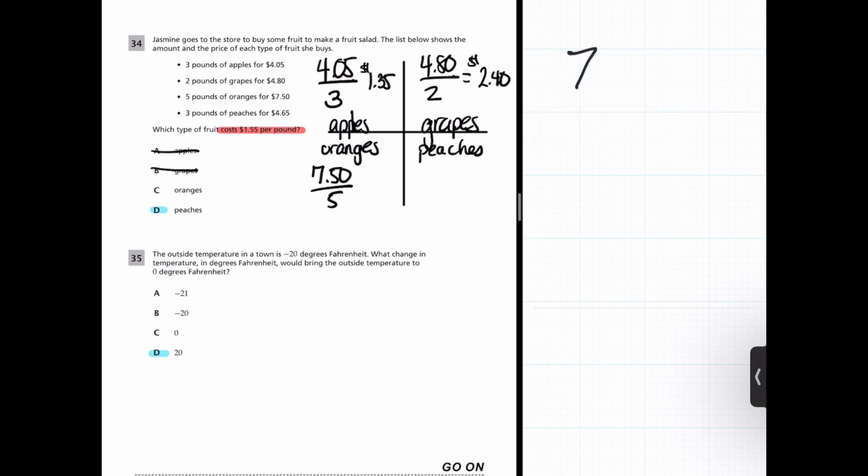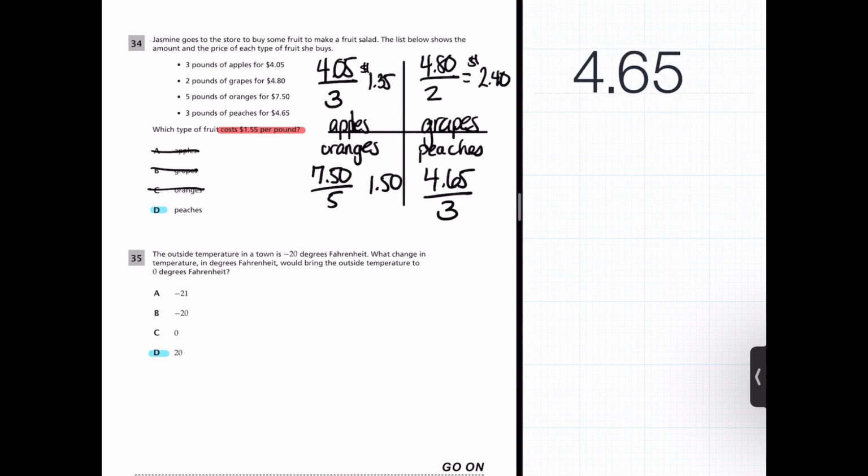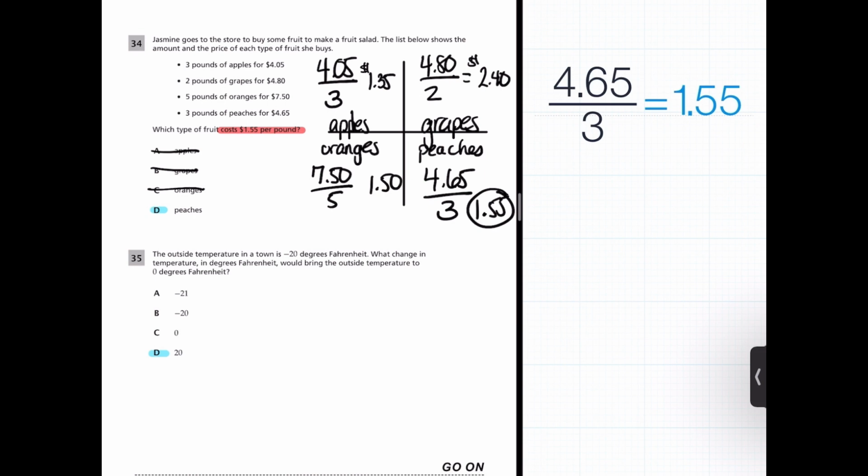Let's do it again. $7.50. Let's make sure it writes that. Good. Divided by 5. Perfect. $1.50. Very close. Very, very close. But it's not oranges. And peaches, $4.65 divided by 3. Let's make sure it copied that decimal good. Divided by 3, and we get $1.55. So peaches is the winner. All right, let's go to the next one.